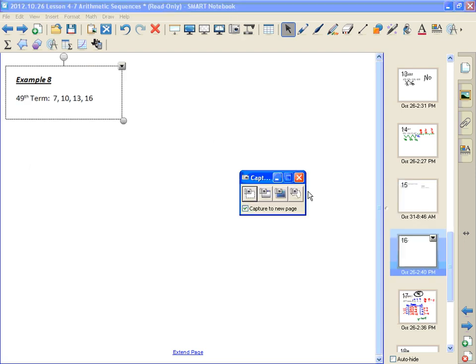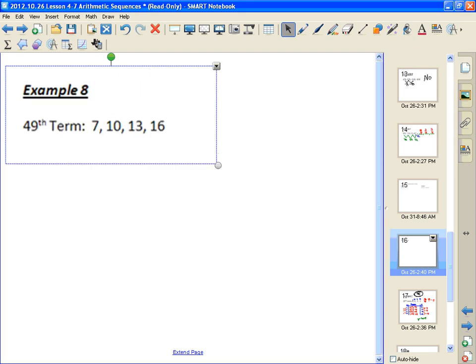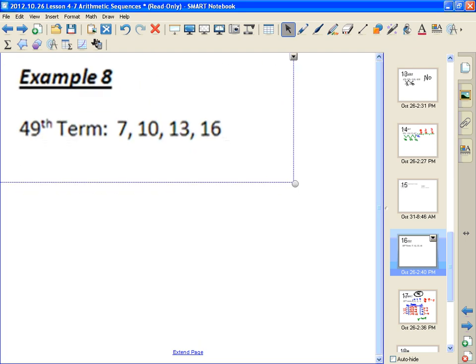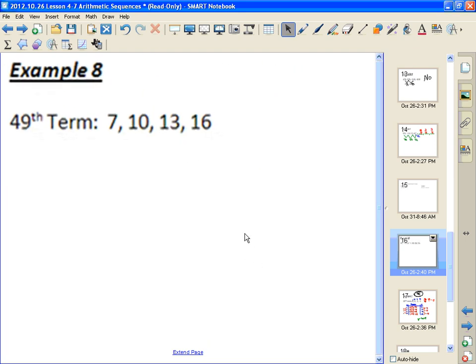Okay, so then on example 8, we're trying to find the 49th term, which would take a really long time to write out. So we're going to say 7 is the first term, 10 is the second term, 13 is the third term, and 16 is the fourth term.